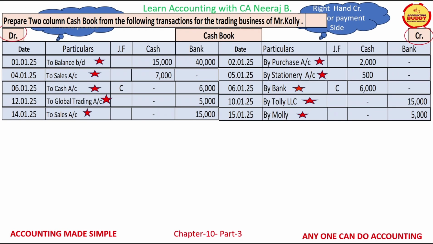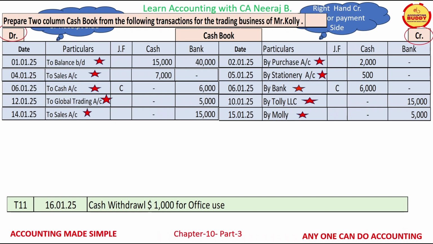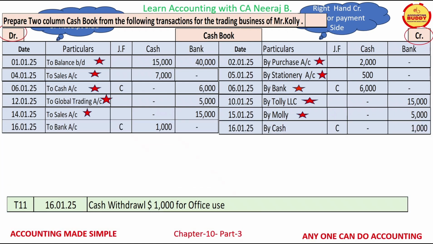In continuation to the preparation of double column cash book as per previous slide, the next transaction T11 is on 16th of January 25, business withdraw $1,000 cash from bank for office use. Since this entry is affecting both the cash and the bank balance, it will be recorded on both the sides of the cash book.